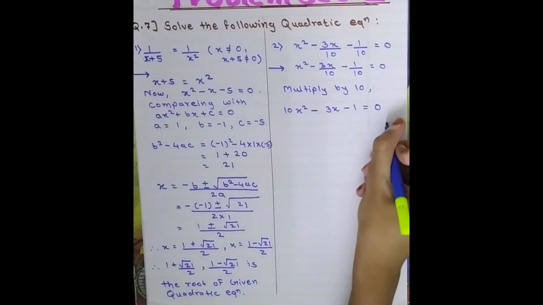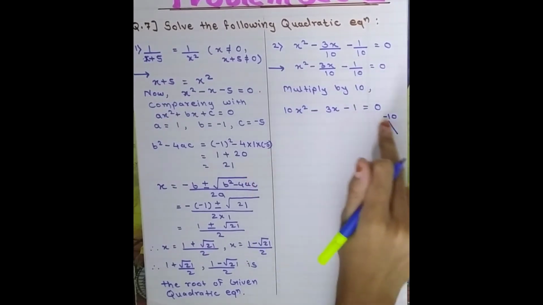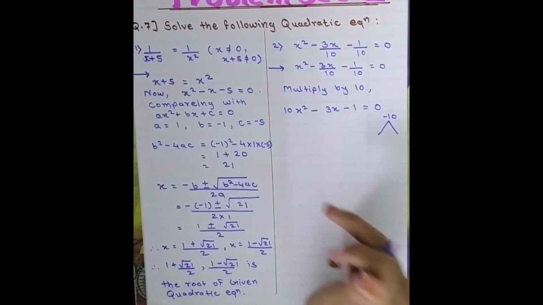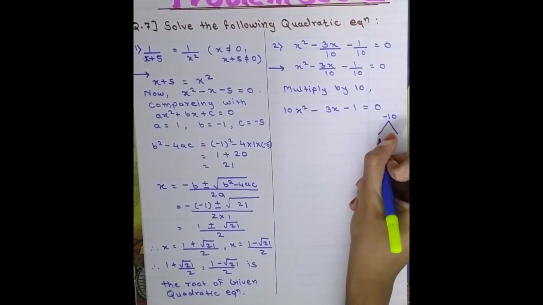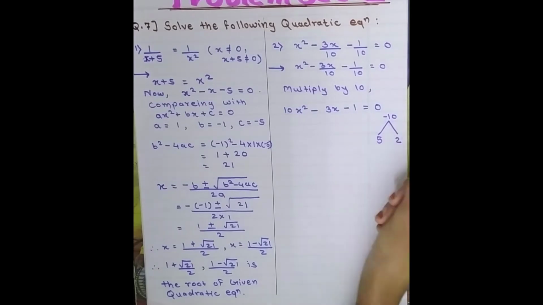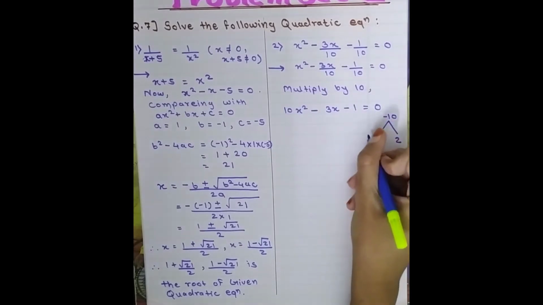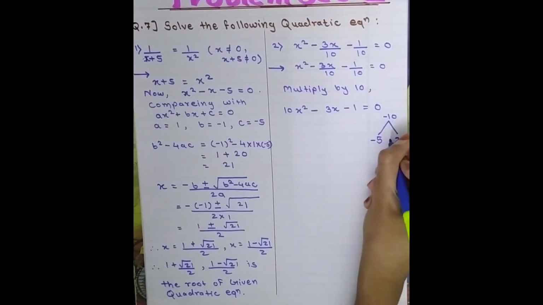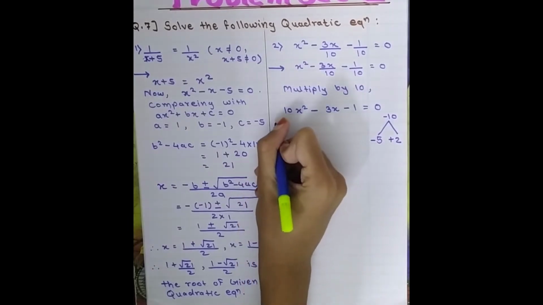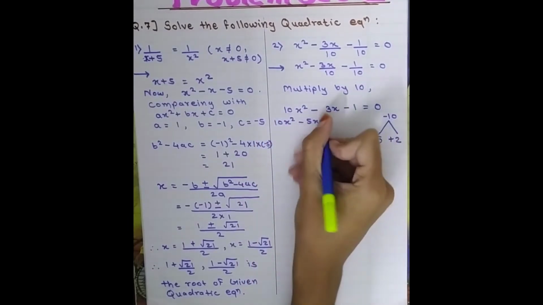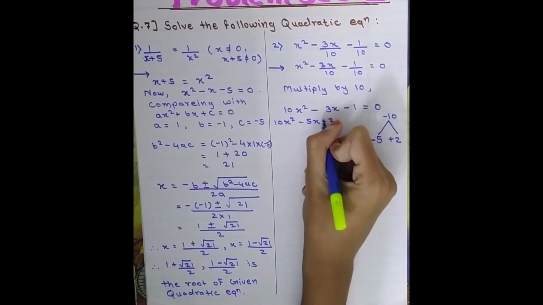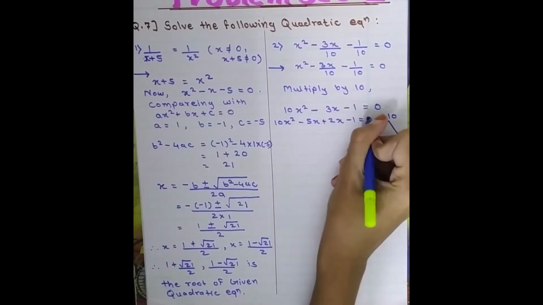So here for multiplication we want minus 10: 10 into 1 is 10 with the minus sign, minus 10, and for addition we want 3. So 5 into 2 is 10, and 5 minus 2 is 3. So here minus 5 plus 2. So write this as 10x square minus 5x plus 2x minus 1 is equal to 0.